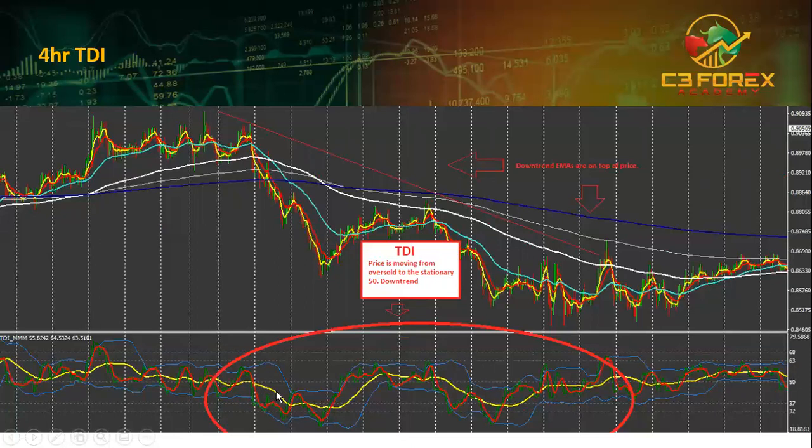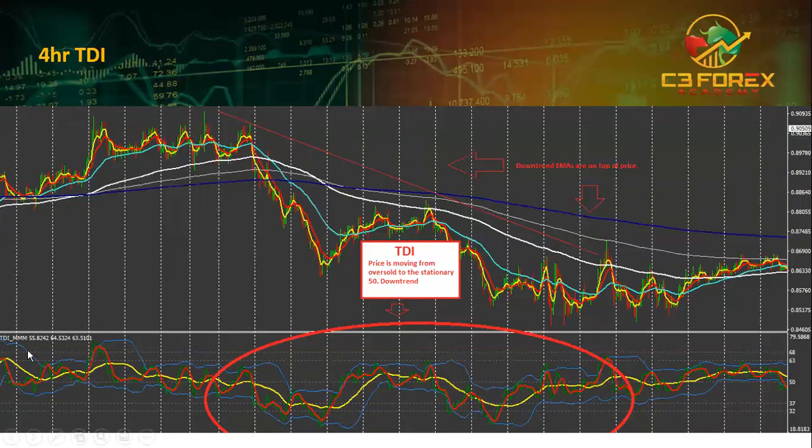The market baseline is going from oversold back up to the stationary 50, oversold back up to the stationary 50. Until what? Until they cross. So like I said in the earlier TDI video, in a downtrend, the market baseline oscillates between oversold and the stationary 50, and in the uptrend, it oscillates between overbought and the stationary 50.